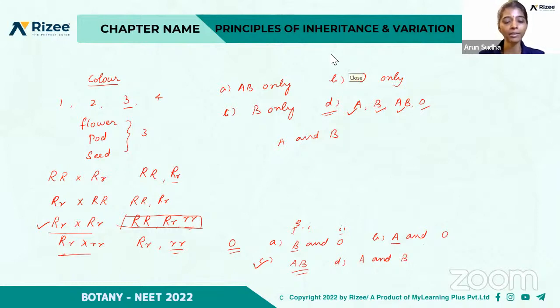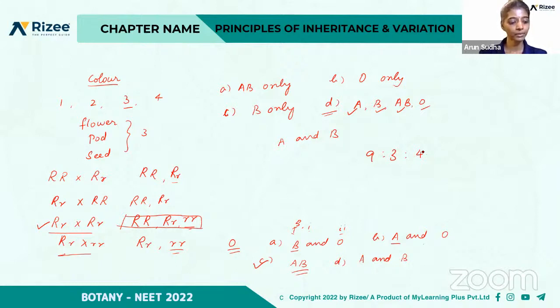We saw yesterday, right? 9:7 is complementary genes, and supplementary genes is 9:3:4. And in the case of dominant epistasis, it is 12:3:1. Supplementary genes is also called recessive epistasis, and the ratio is 9:3:4. Okay.